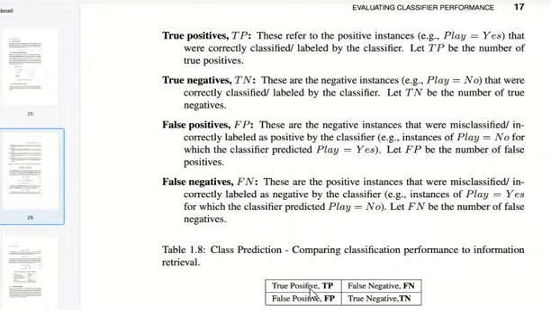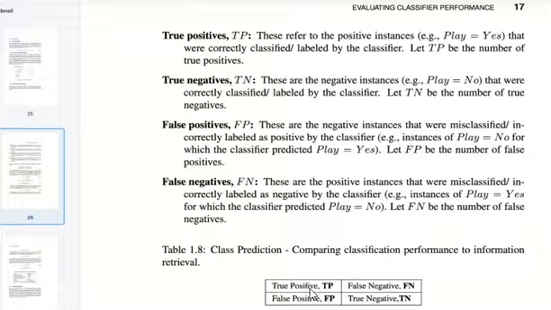If the model correctly classifies the negative examples as negative, that is called true negative. So true means the model says yes to yes, no to no. That is called true positive and true negative. False positive and false negative are just the reverse.